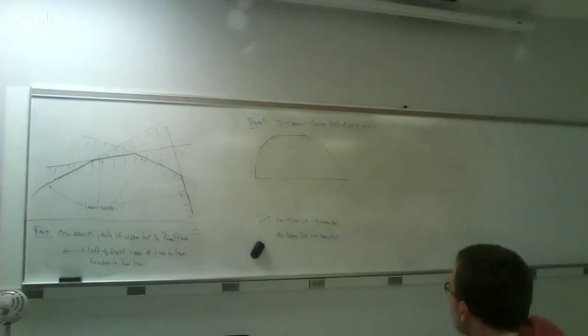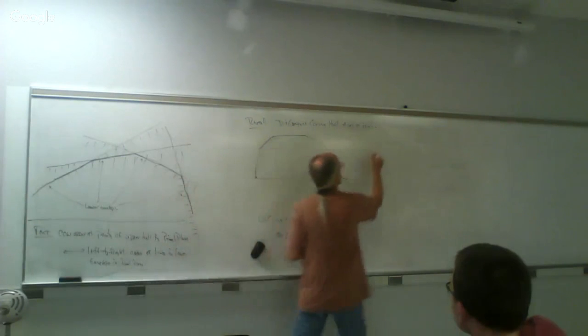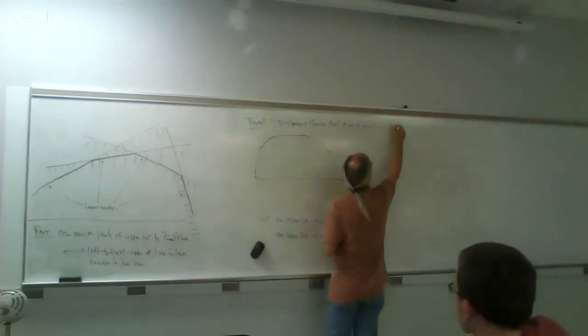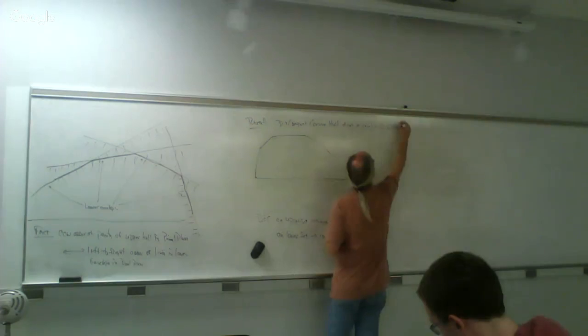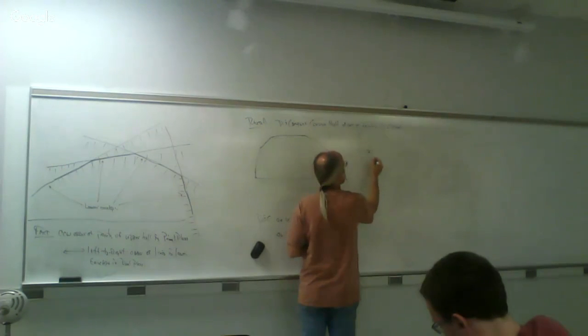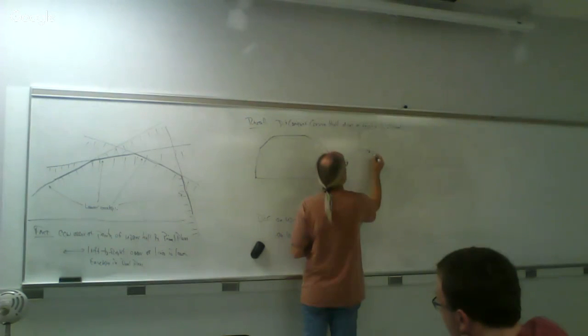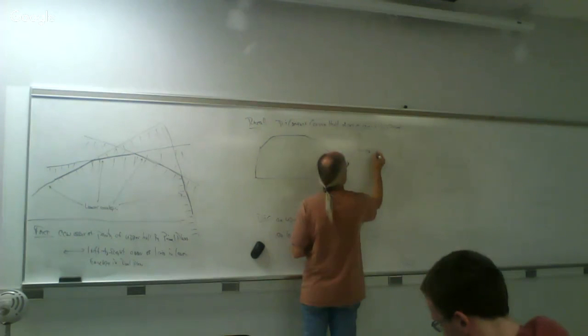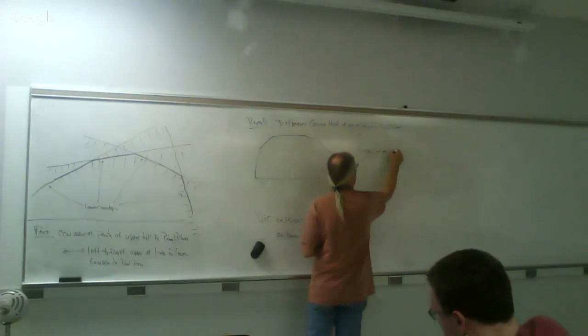That set of points is in the primal space. The corresponding thing in the dual space is a set of lines.